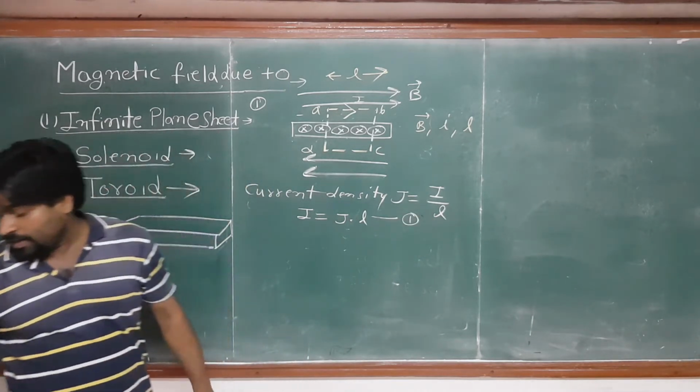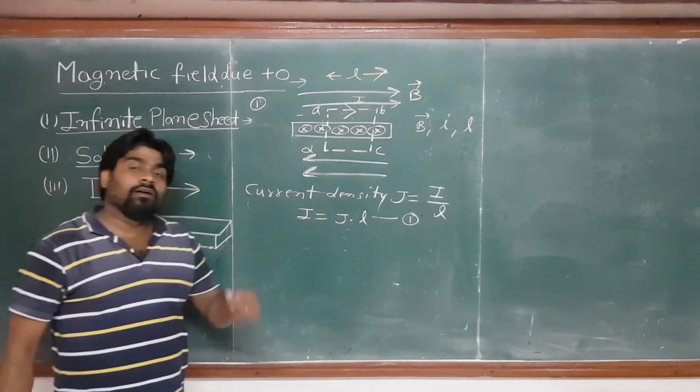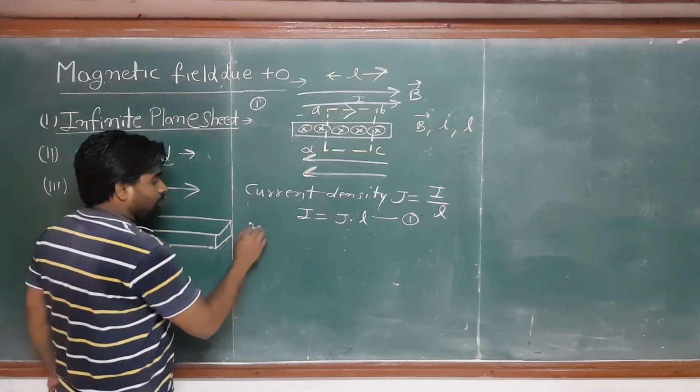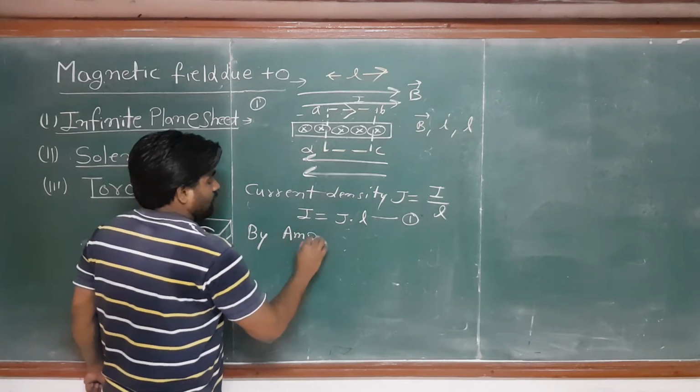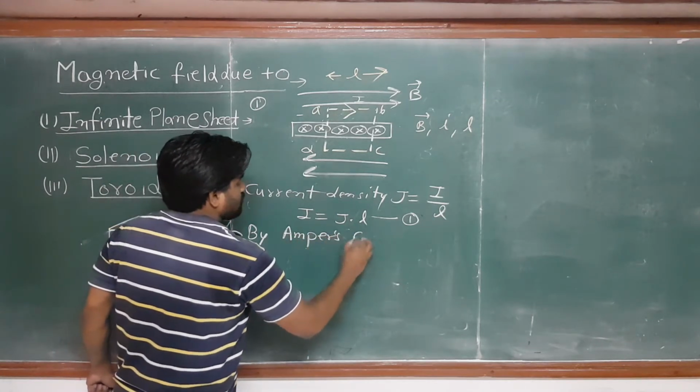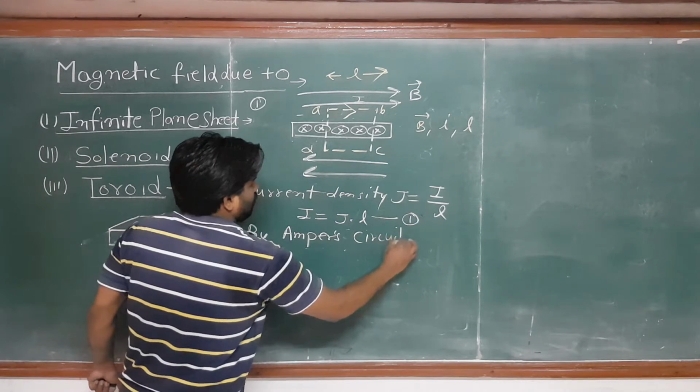Now, how will you find the magnetic field of this plane sheet? By applying Ampere's circuital law.